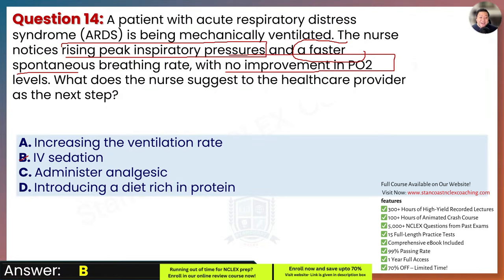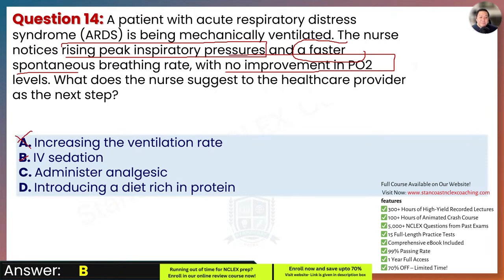And raising the ventilator rate in this case would not fix the underlying issue of the ventilator resistance. Instead, it could increase dysynchrony, wherein the patient's breathing and the machine's rhythm are out of sync, and this will worsen the problem. And so the solution here is to focus on improving the synchrony, not pushing the patient harder. And so that's why we are not going to increase the ventilation rate.